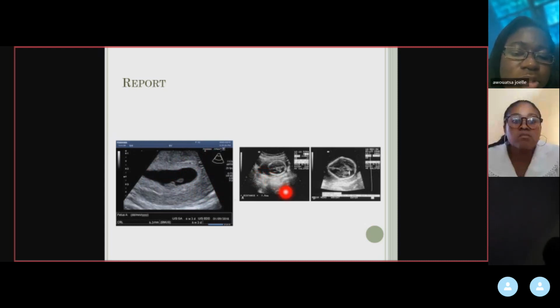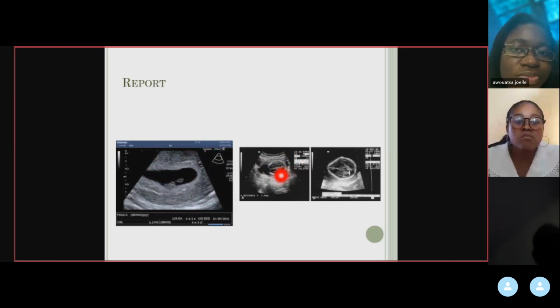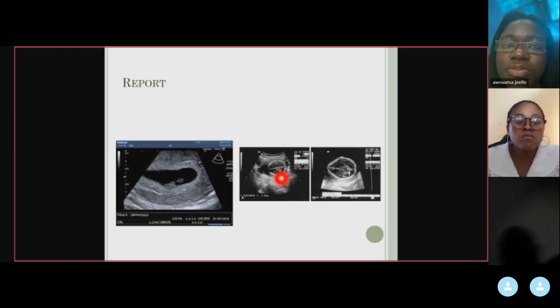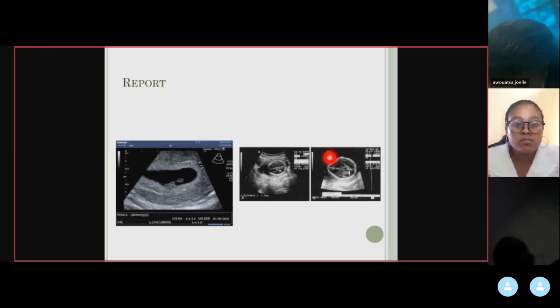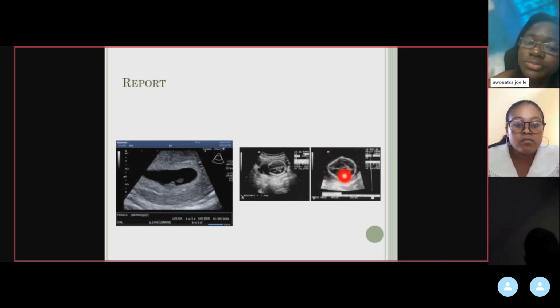And this is a later scan of the head of the baby, wherein we measure the crown rump length. These are some of the measurements of the head. Head circumference and abdominal circumference will be taken. You can see this is the head part of the baby.